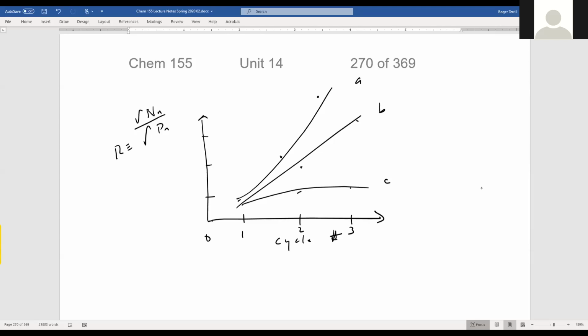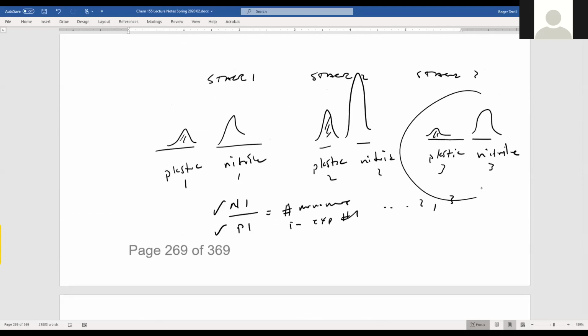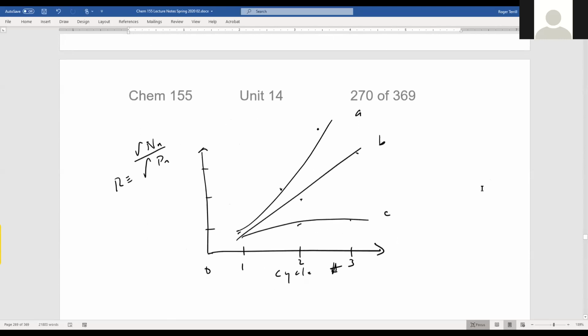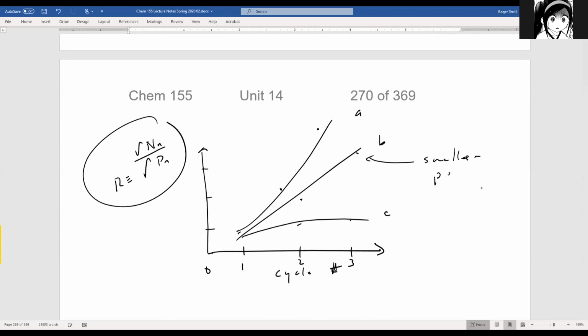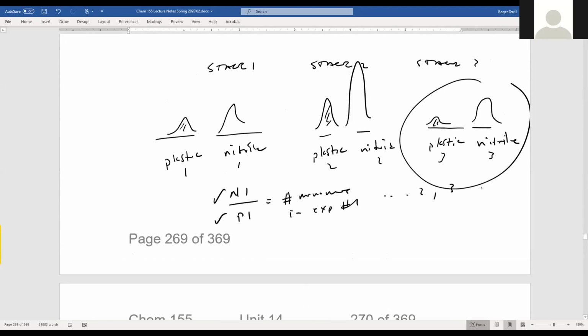Yes, it's B, right? So how can it be B if the third peak is so small? How can this ratio be large even though the third peak is small? Exactly. Because what happened in this third one?